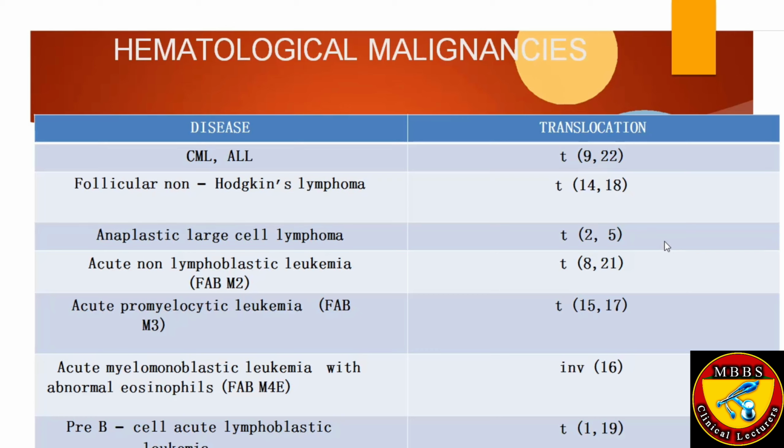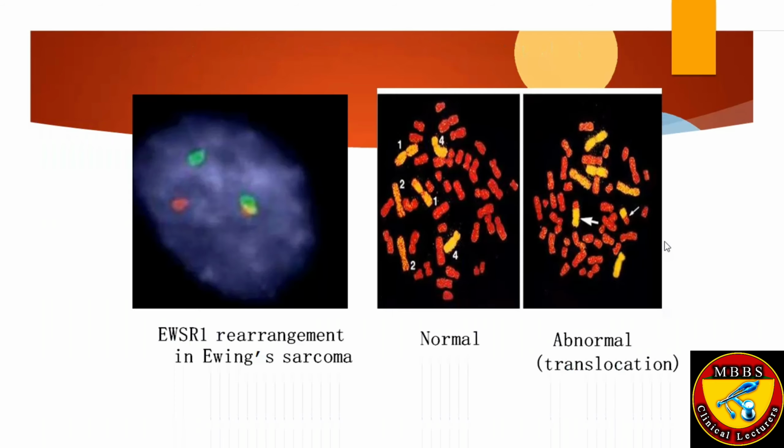In chronic myeloid leukemia, there is a translocation, usually occurring at the 9;22 level, and then the follicular form occurs. So our whole management depends upon the diagnosis, and now the diagnosis depends on these molecular techniques, where we can find chromosomal abnormalities and mutations and so on. This is a normal and this is the abnormal translocation that you are seeing.